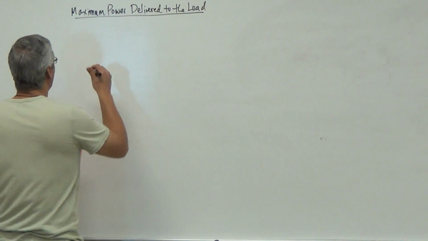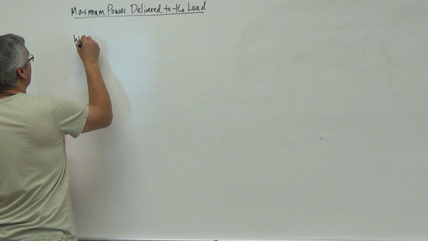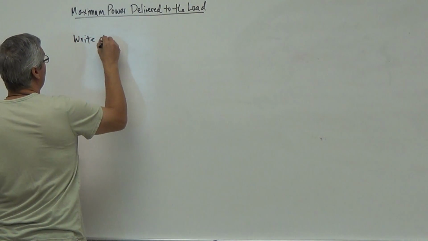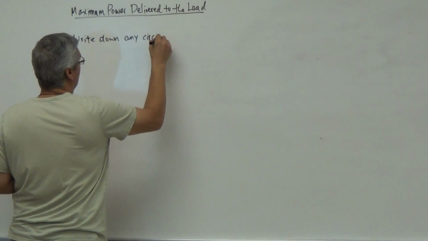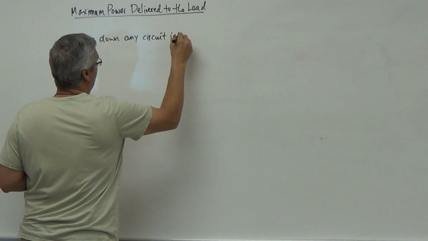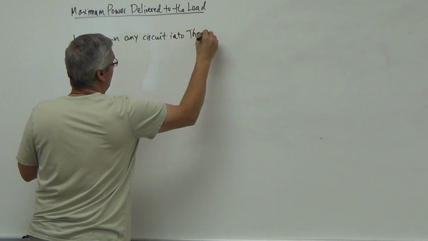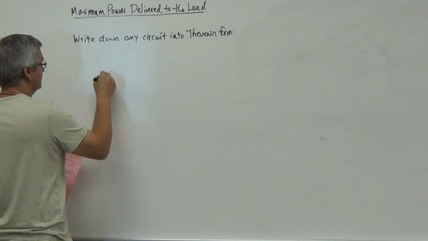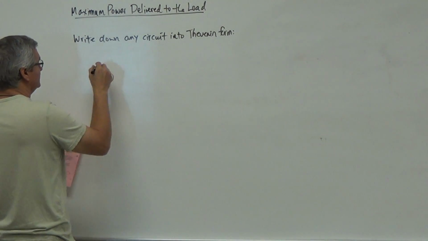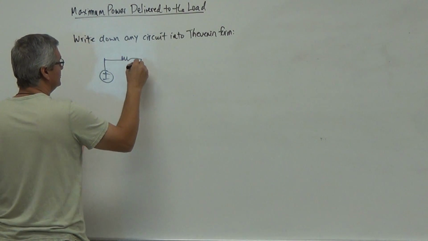And since we can write down any circuit into Thevenin form, that means, regardless of how complicated the circuit is, we can always draw it like this.